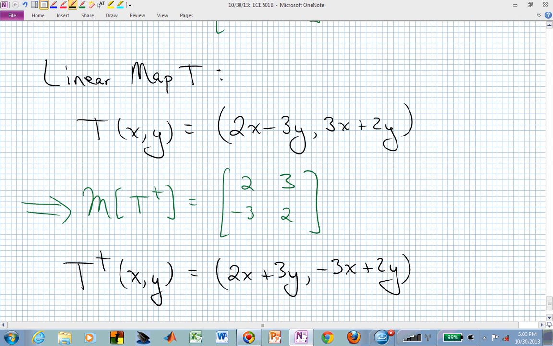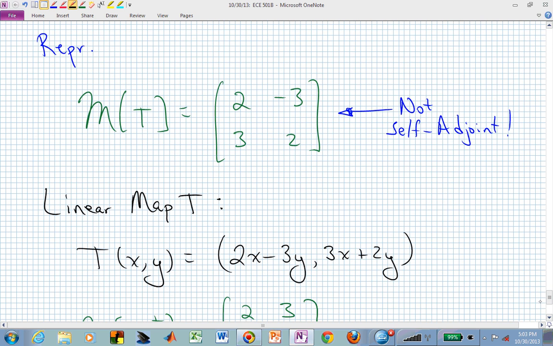Yes, they're adjoints. Are they self-adjoint? Does this 2, 3 minus 3, 2 equal 2 minus 3, 3, 2? No. So we know they're not self-adjoint, but is this linear map normal?